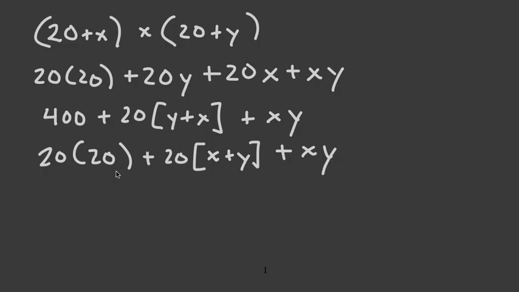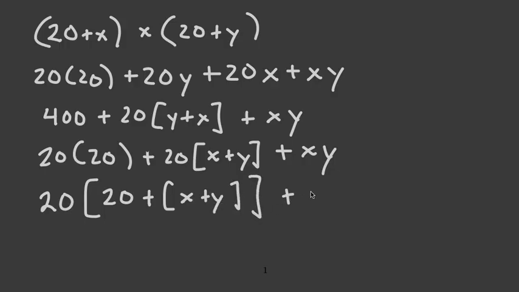Okay, so if we take a look at this value, the first two terms here, we have a common factor of 20, which we can factor out. So this is 20 times, and then we have 20 plus your x plus y, and then we have our xy.